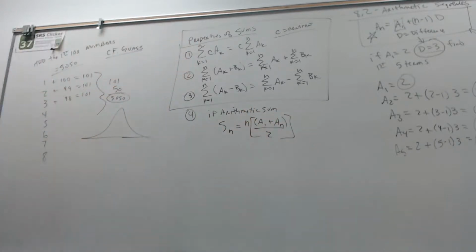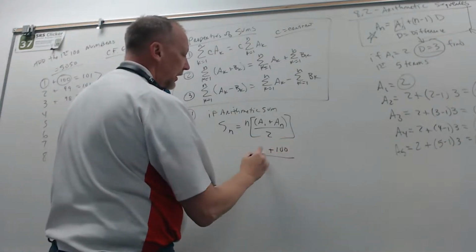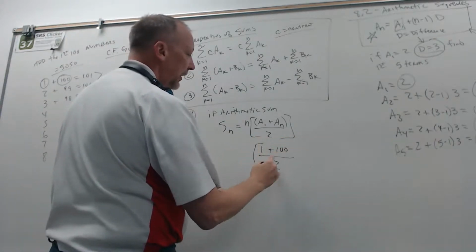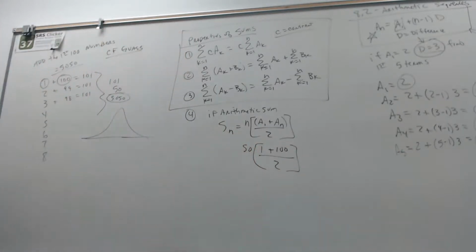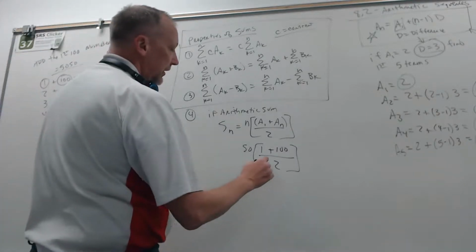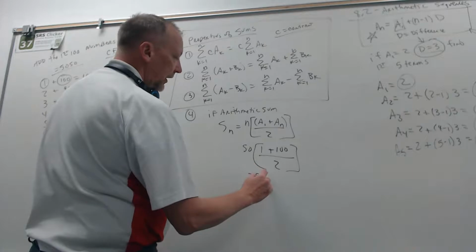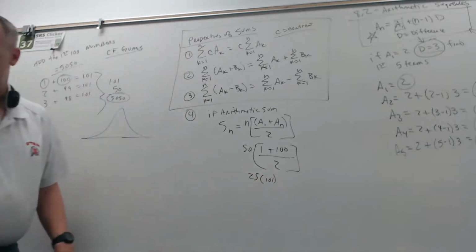Let's go back to Mr. Gauss, the smart aleck third grader. He said, my first term is 1, my last term is 100, so that's 1 plus 100, divided by 2, and then times n.